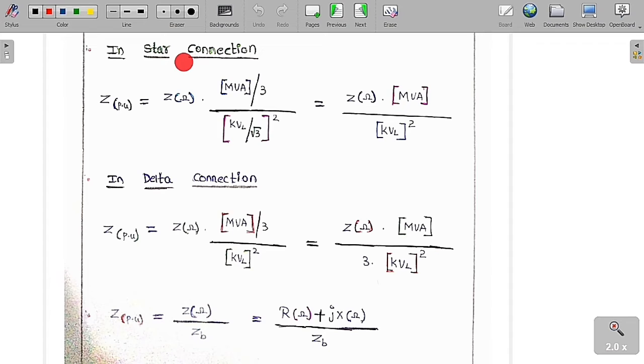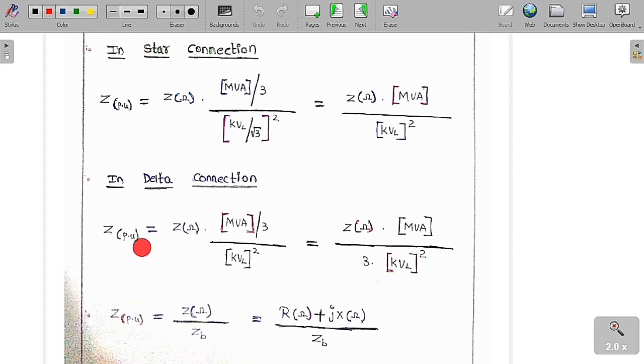Listen carefully: in a star connection, we have to use the per phase values above and below. The per phase voltage base value is equal to line voltage by root 3, and the base value of the per phase power is overall by 3.